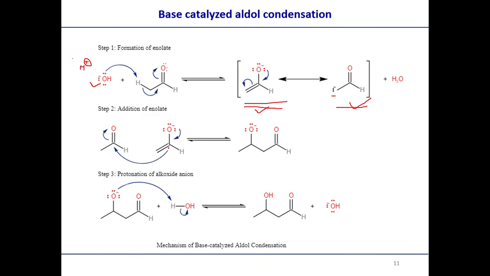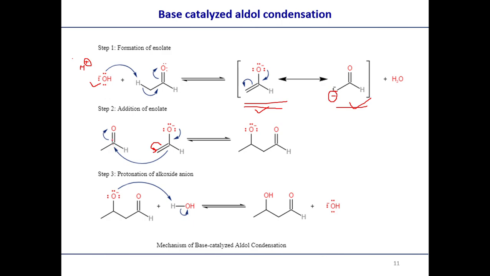As you can see here, this carbon is carrying negative charge. If this bond breaking is taking place, it's negative charge. But in enol form, it's looking like this. So when this lone pair will push here, negative charge will generate. So this will attack on this carbon center.